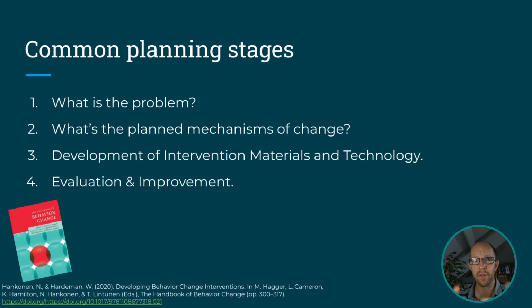We need to make sure that everything's being delivered that's planned, and everything that's planned is being delivered. And so that nearly always involves some degree of training, whether that involves upskilling the delivery team to do things they're not familiar with or they might not have been trained to do, but also to make sure that we have a standard approach as much as possible to delivering whatever type of intervention it might be.